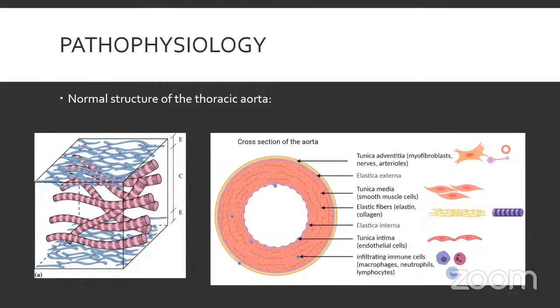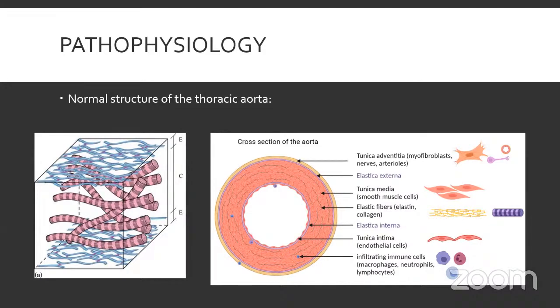Now, our main focus today is going to be the tunica media and what can occur within it, as a lot of changes within it is what eventually leads to development of aneurysm. The tunica media is composed of many alternating layers of smooth muscle cells, elastic fibers, and different extracellular matrix components such as collagen.